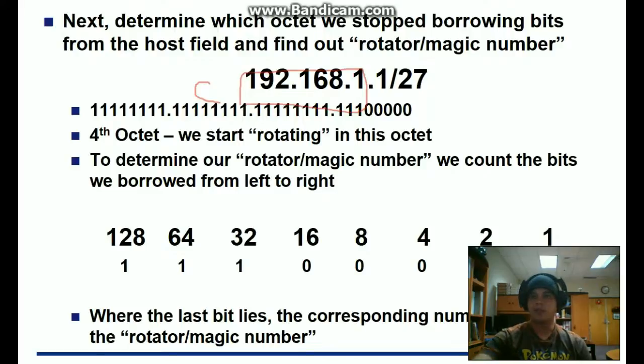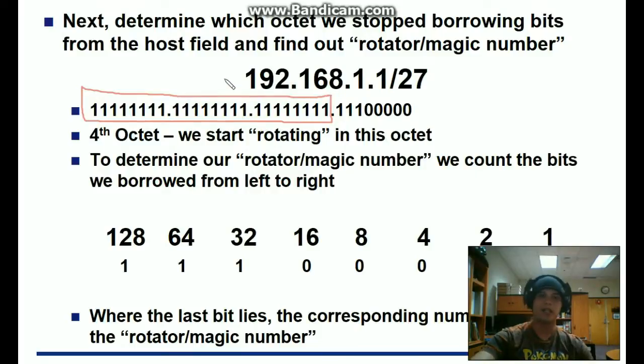Next, let me clear my screen here. Determine which octet we stop borrowing bits from the host field, and this will give us our rotator or magic number. So we already know that the first 3 octets are used for networking bits, and we cannot touch that.